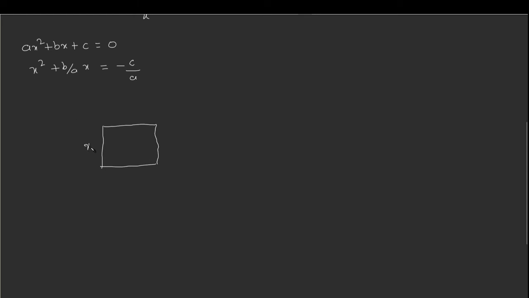So this has x into x plus b by a into x as a rectangle. So b by a into x, that will be equal to minus c by a unit square is the area of this square.